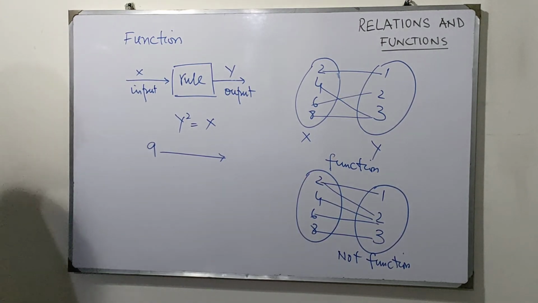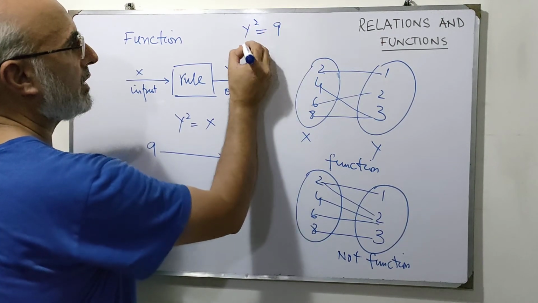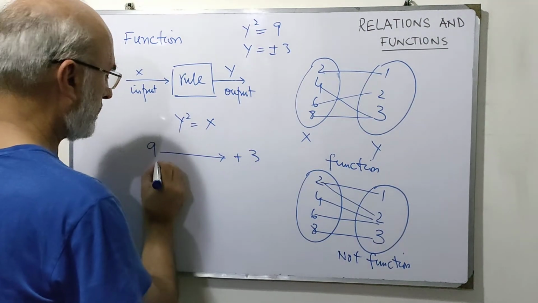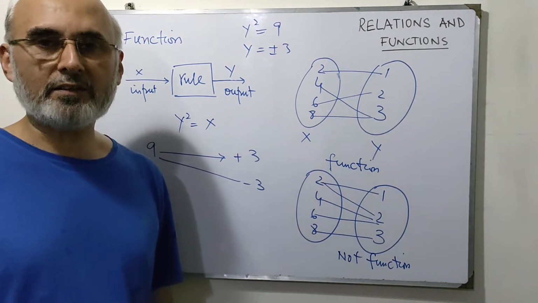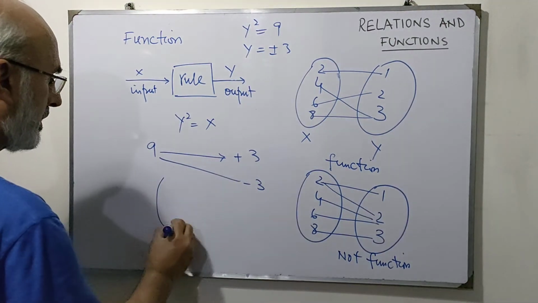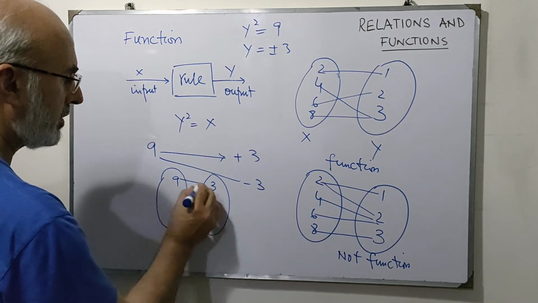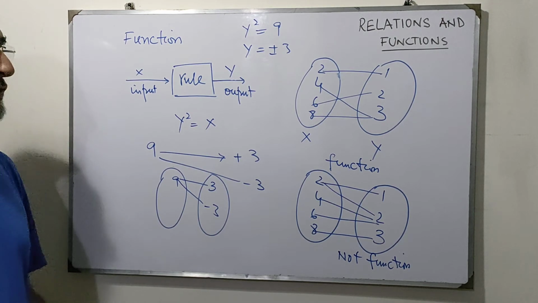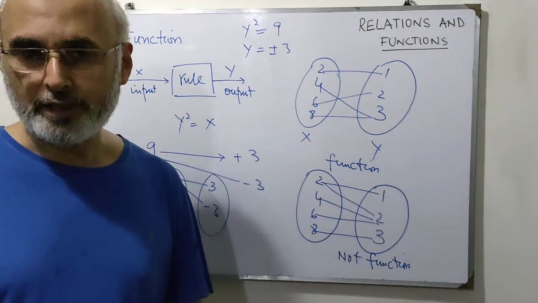So what will be y? y is equal to plus minus 3. So it is plus 3, it is also minus 3. So for one value of x, I am getting two values of y, not a function. You see, like this, 9, 3, minus 3. So two values of y, not a function. Okay. So for a function, one input, one output. It's a rule.